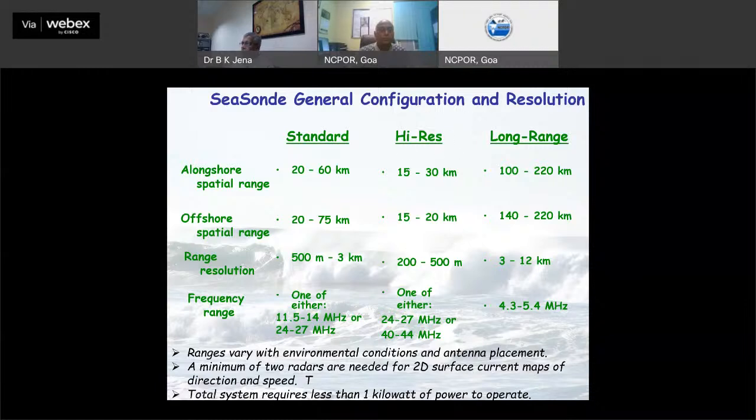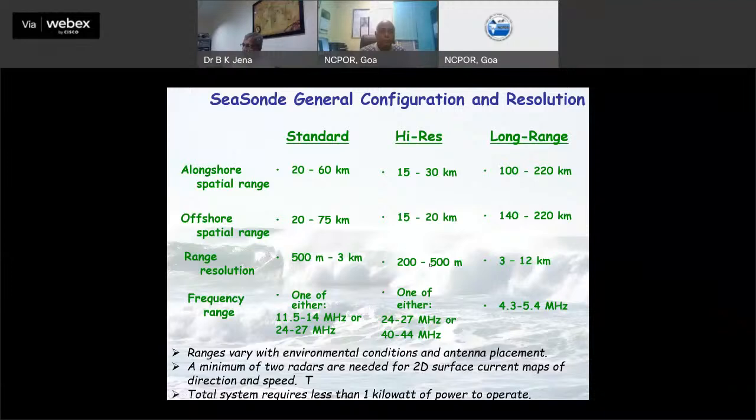Similarly, the high resolution system can be 15 to 30 kilometers, and if you are using 40 to 44 megahertz, it can go even 15 to 20 kilometers only. Whereas we can reduce the range cell size to only 200 to 500 meters, and whereas in the standard system we can go from 500 meters to 3 kilometers.